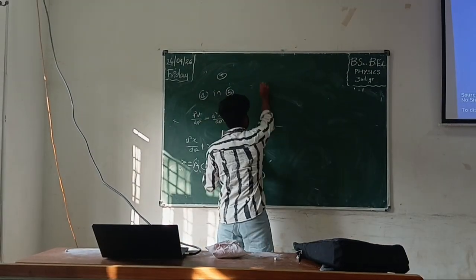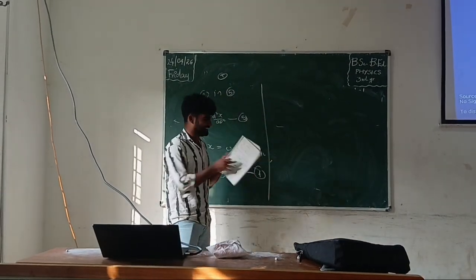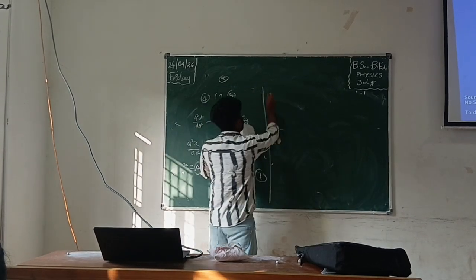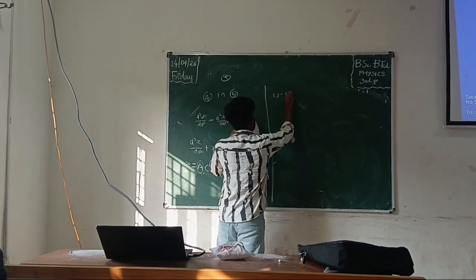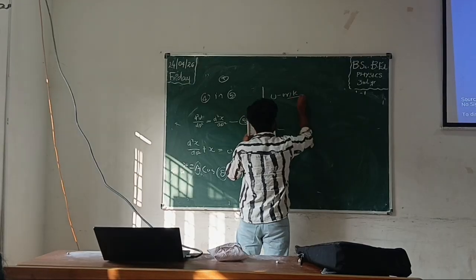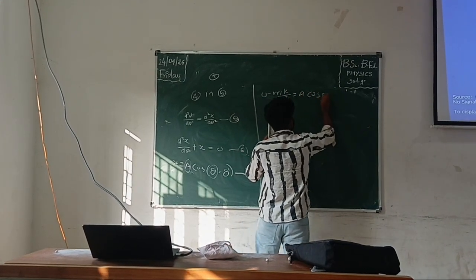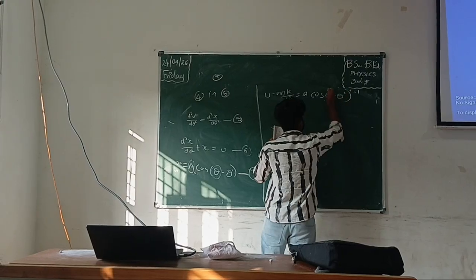And we will be getting the 8th equation. That is u minus mk by l square is equal to a cos(theta minus theta dash).